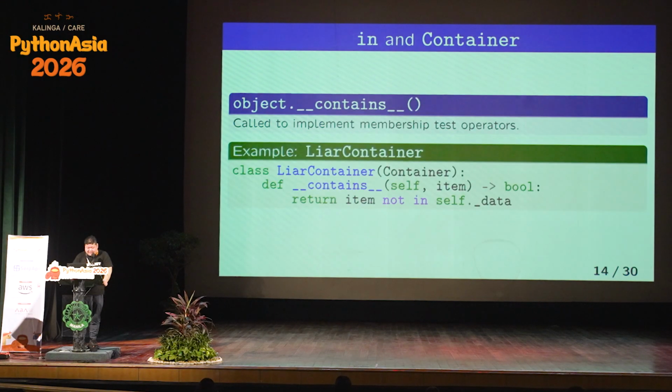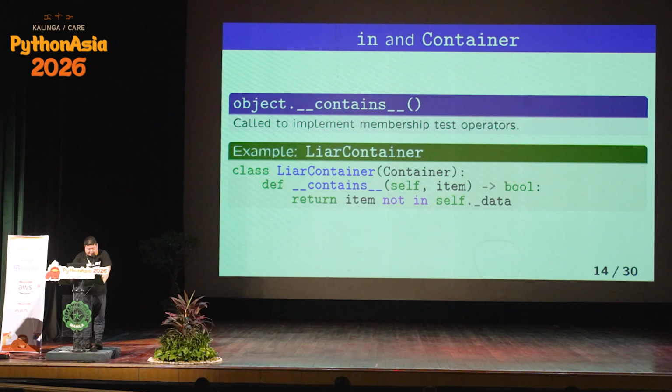Let me show you how. First, the in operator and the container class. Look at the liar container. It inherits from the container class. The dunder contains method has just one line: return item not in self.data.